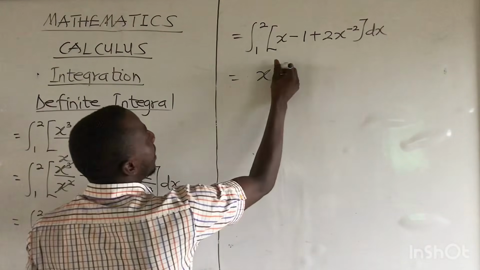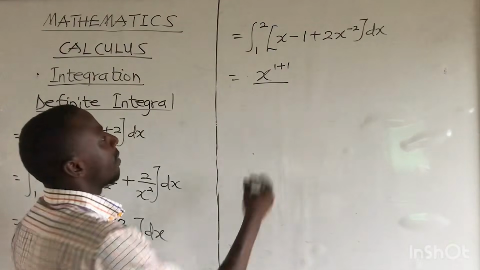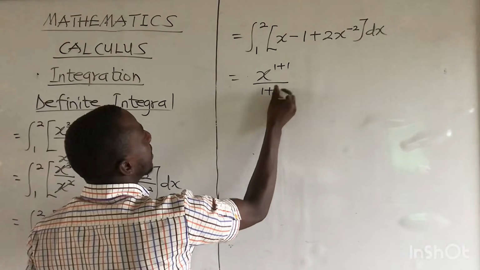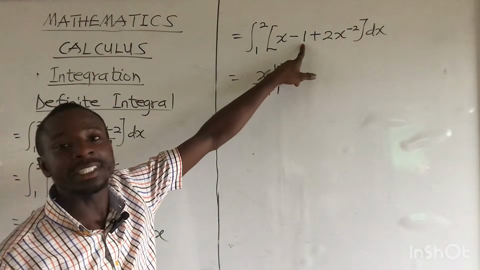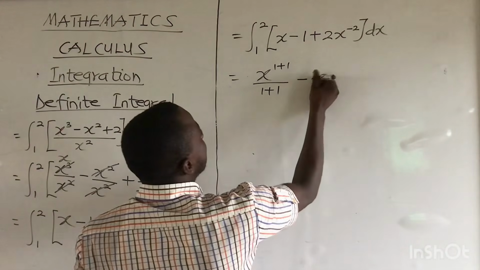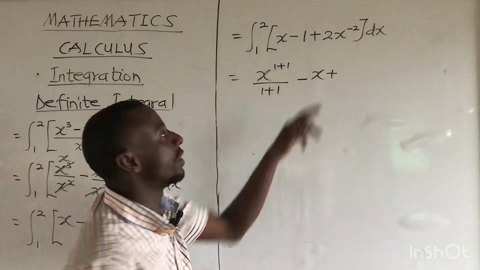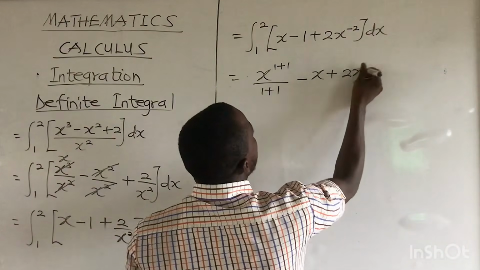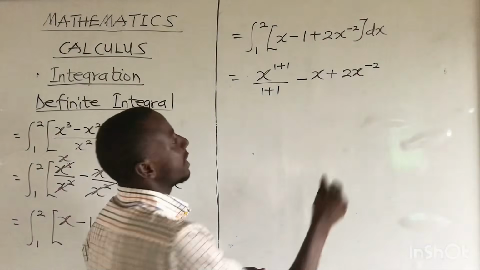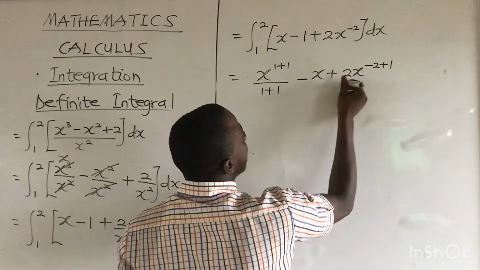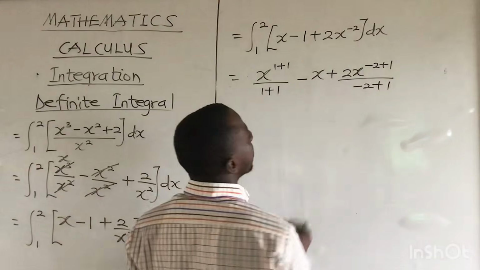So we are supposed to add 1 to it, all over the same exponent here, which is 1 plus 1, minus, when we are integrating 1, we will get x, plus, we need to also integrate 2x exponent negative 2. So when you're integrating this, we add 1 to the exponent divided by the same exponent here.